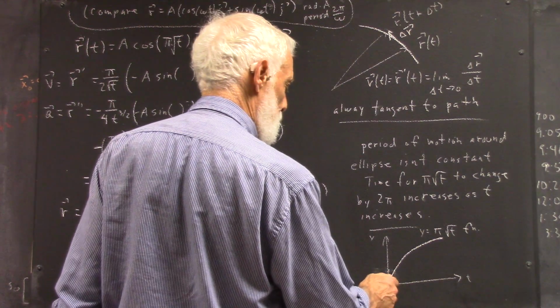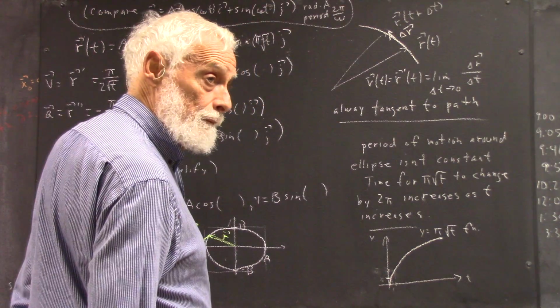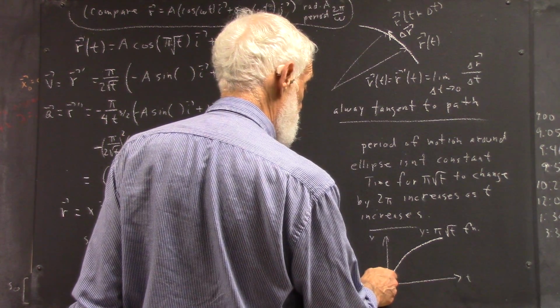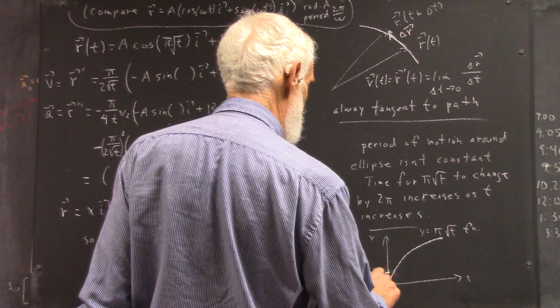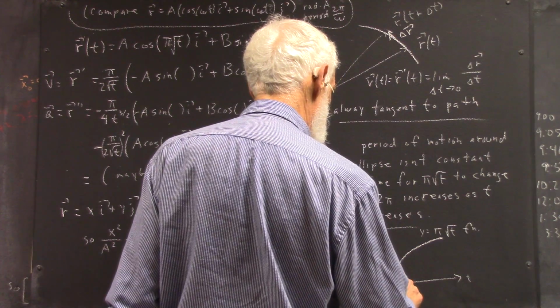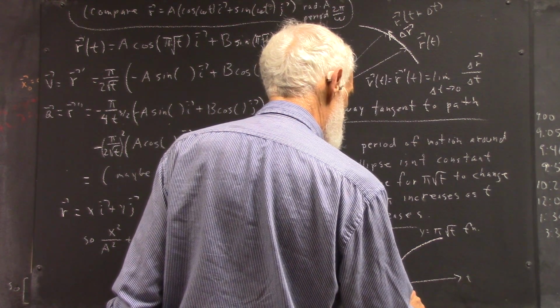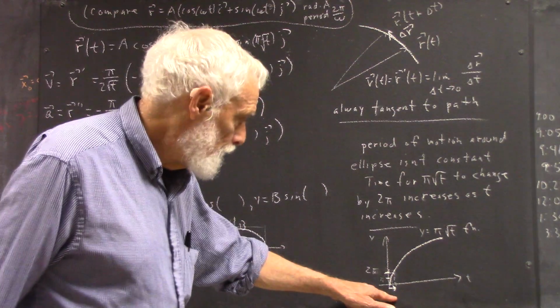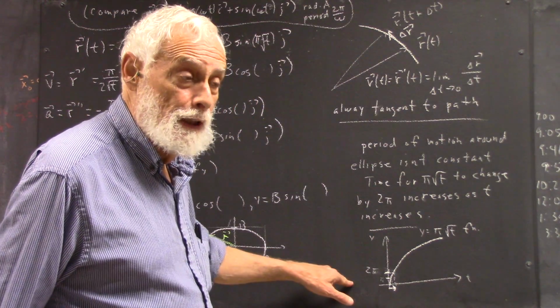So here's pi on this axis, right? Well, if pi is here, then 2 pi is here, right? And if we project over and down, here is the period of the first motion. This is the change in t that causes y to change by 2 pi, right?